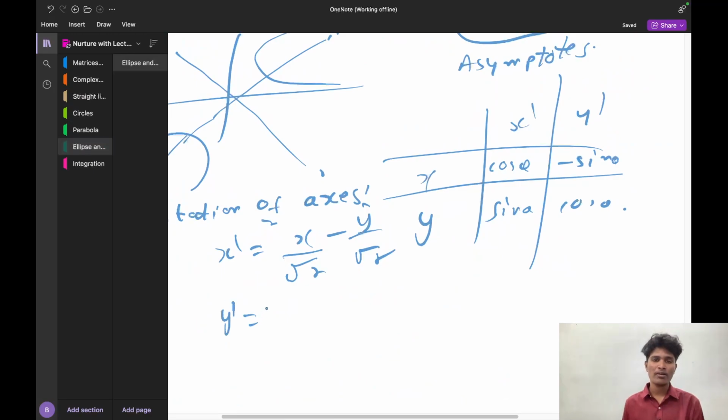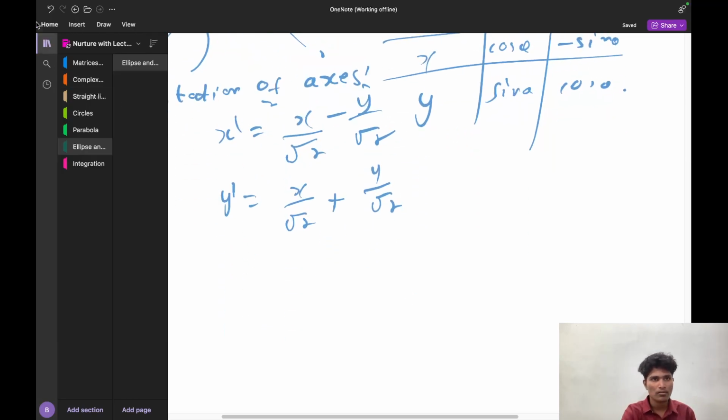So here y dash will be x by root 2 plus y by root 2. These are the rotation of axis points.